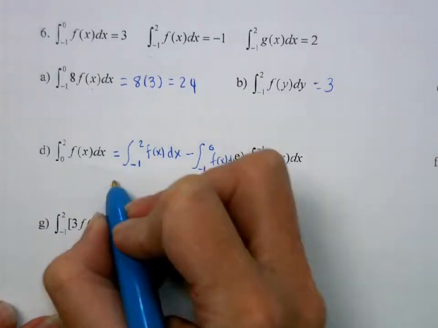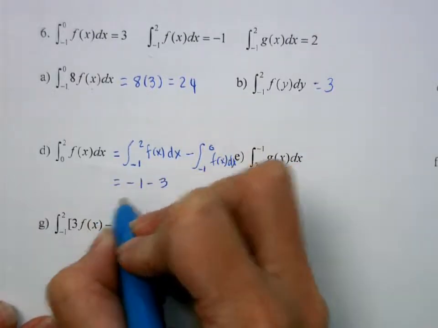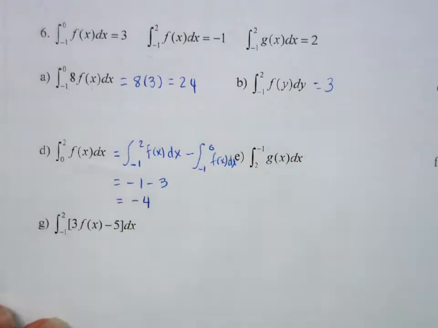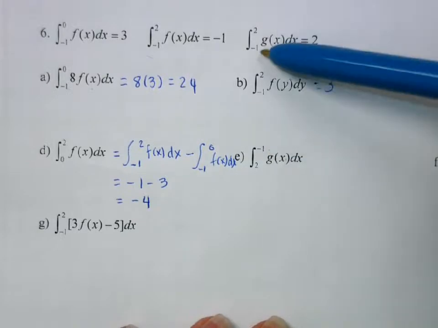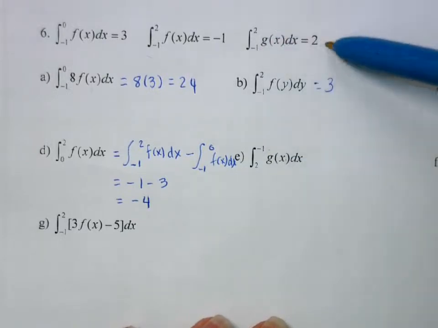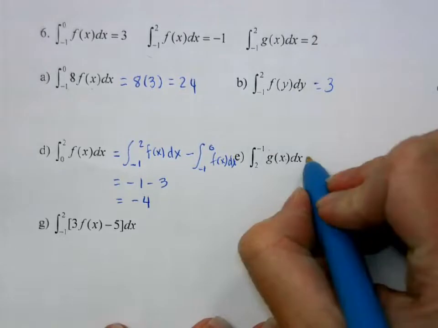So that's going to be negative 1 minus 3, so negative 4. Okay, the integral from 2 to negative 1 of g of x. Well, negative 1 to 2 is 2, so 2 to negative 1 is going to be negative 2.